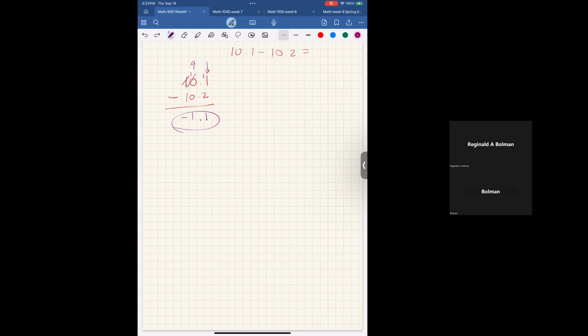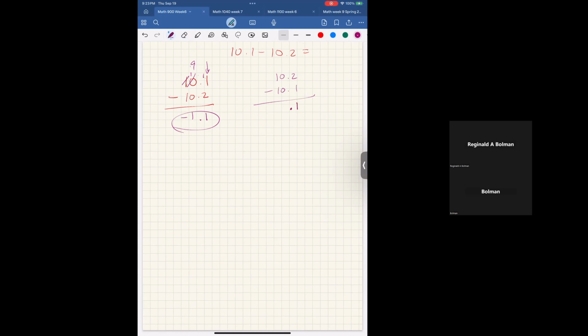Well, if we are to take away 10.2 from 10.1, we need to either subtract the whole quantities first, or we simply need to reverse the order of our subtraction process. And that's probably easier for us to remember. So if we do 10.2 minus 10.1, that's going to be the adjustment necessary to give us the correct answer.